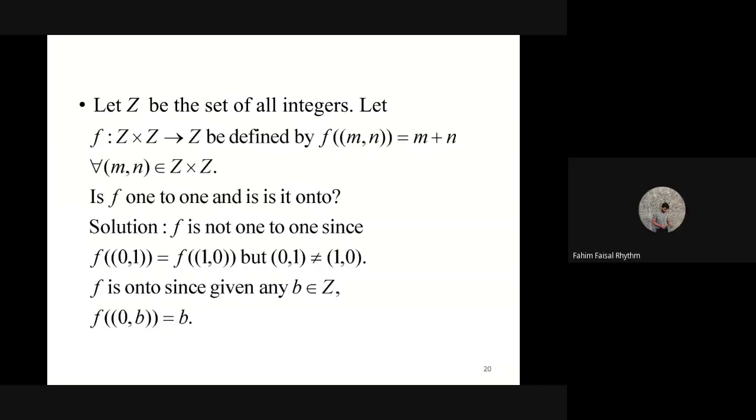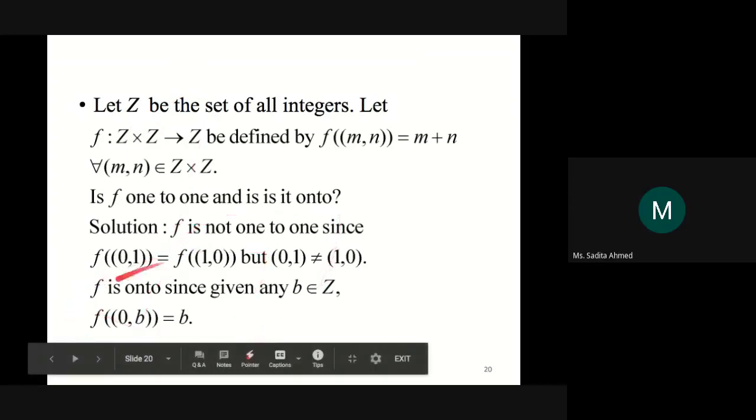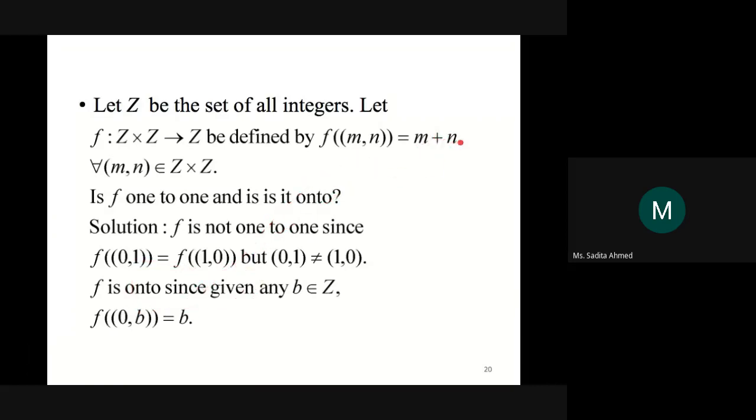One reason can be that we don't have any restriction on positive or negative integers. If we follow the same approach that we followed to show that the m plus n function is onto, for m minus n we still have the same domain and codomain.